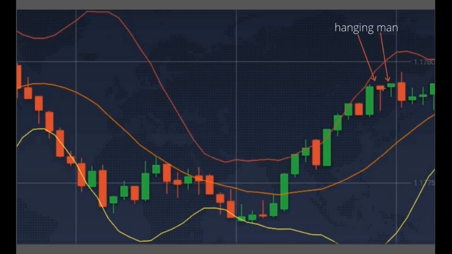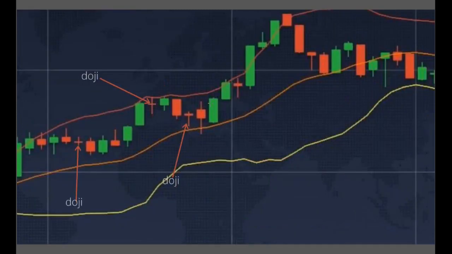So the hanging man is a vertical inverted shooting star. Okay, and it also occurs in an uptrend. The hanging man is a sign of a reversal after an uptrend.